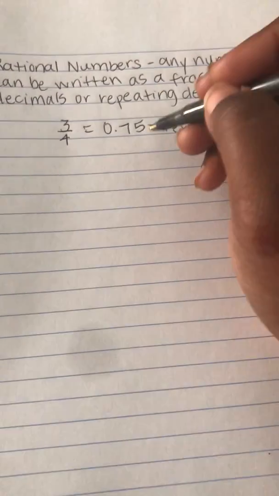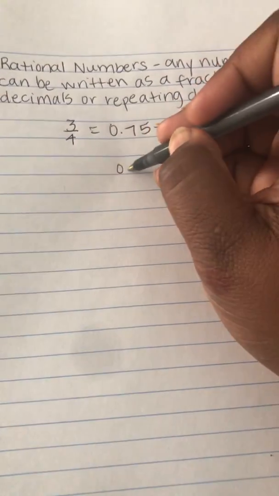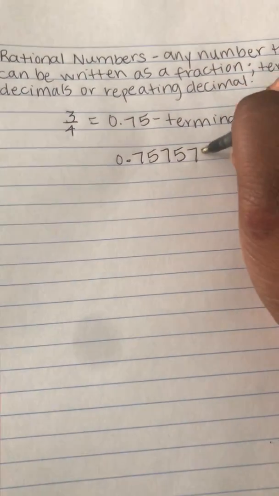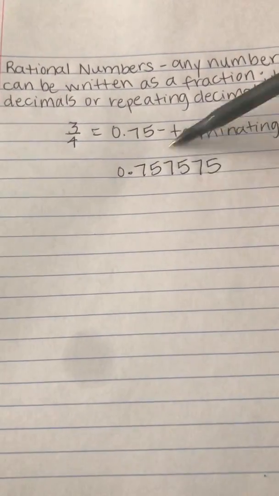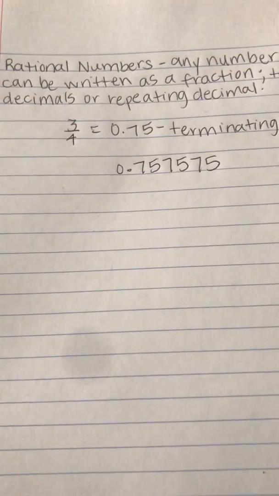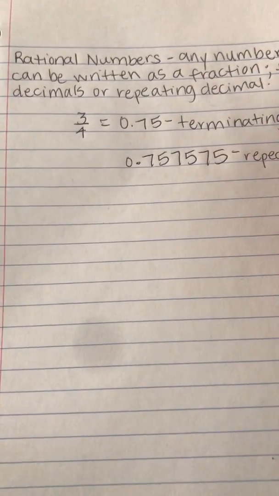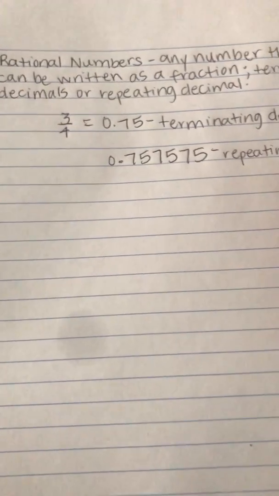A repeating decimal is a decimal that keeps on repeating, okay? It just keeps on repeating two numbers at a time. These are repeating decimals, and these are both considered rational numbers because they can both be written as a fraction.